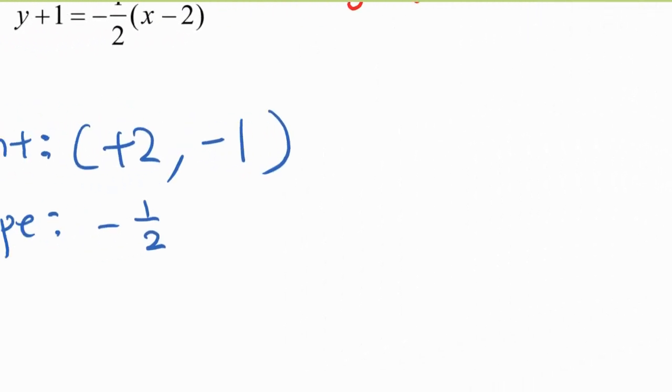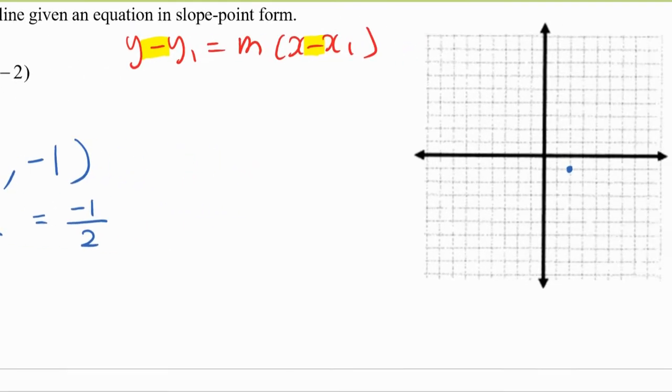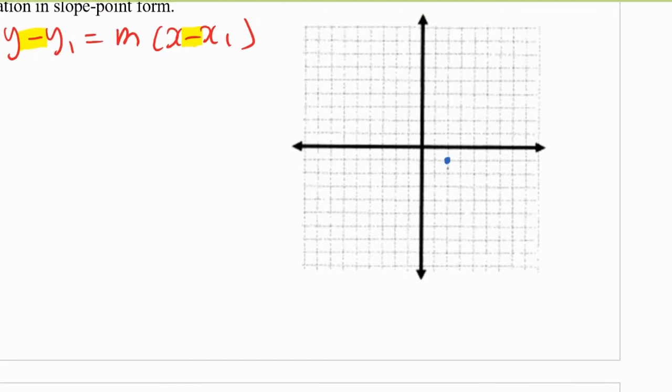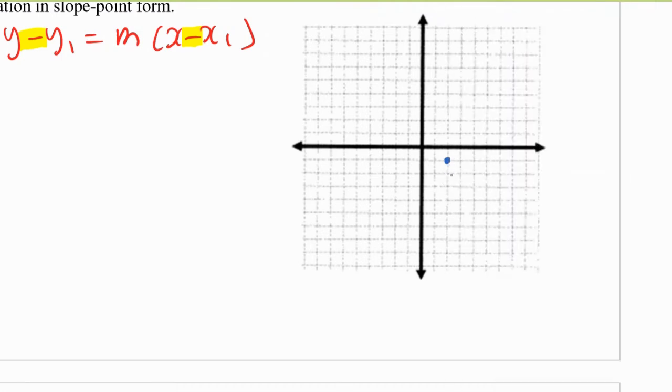And the rise over run is -1/2. So you can just move the negative sign to the top. So -1/2. Then the rise is -1. So you go down by 1 and walk over 2. 1, 2, 1, 2, 1, 2.